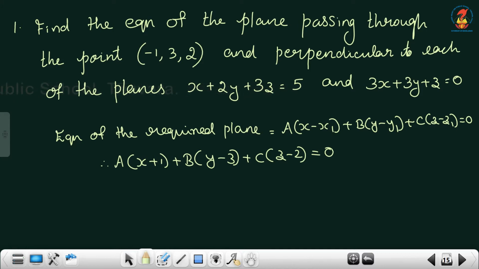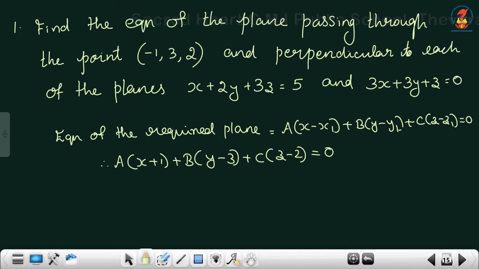Instead of that, this plane is perpendicular to two other planes. So for this plane we have the normal, and for the other plane the normal is like this. So they are perpendicular. If two planes are perpendicular, their normals are also perpendicular.